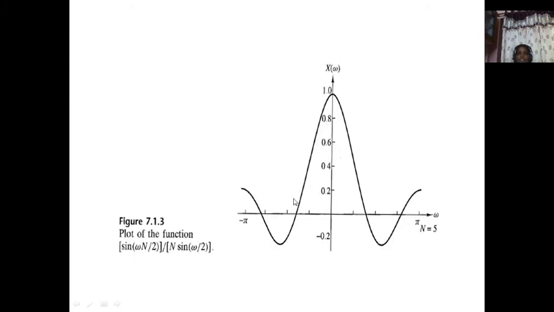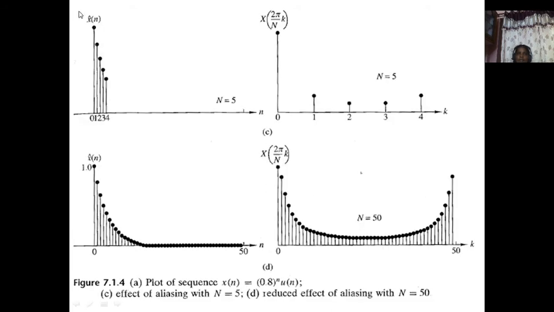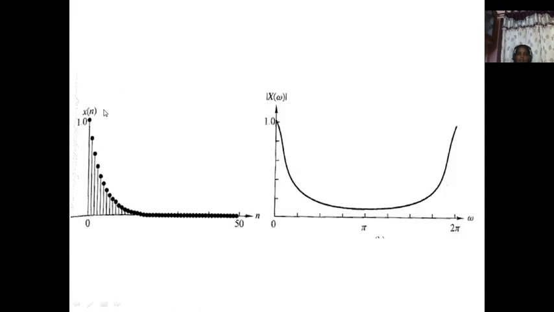So this is the function X of omega for N equal to 5. Here x of n is the original signal, and X of omega is the original continuous spectrum. Suppose x of n has fewer samples.